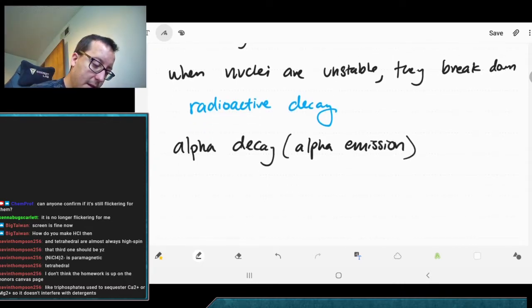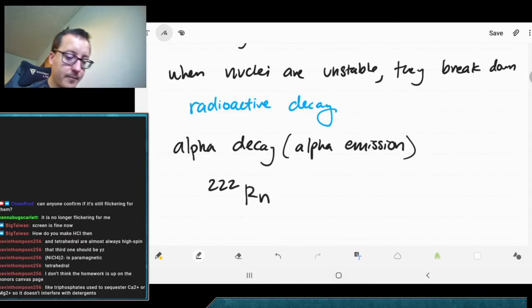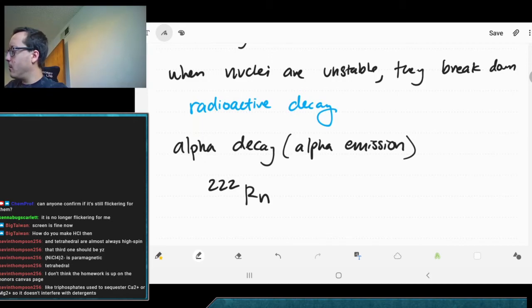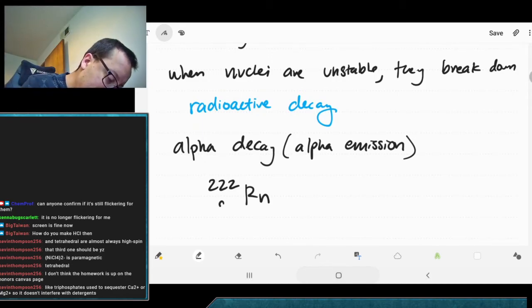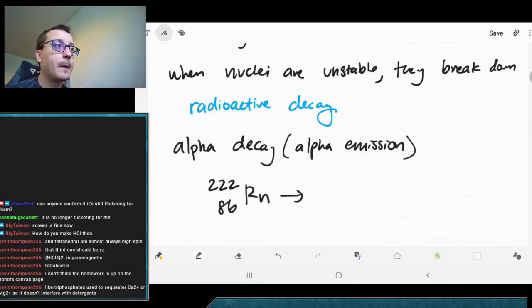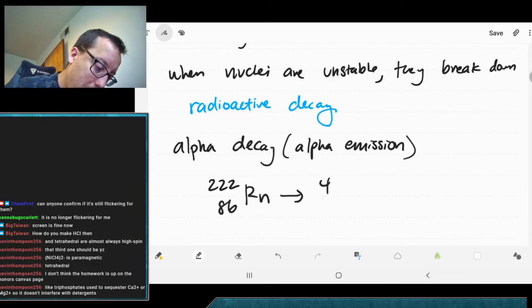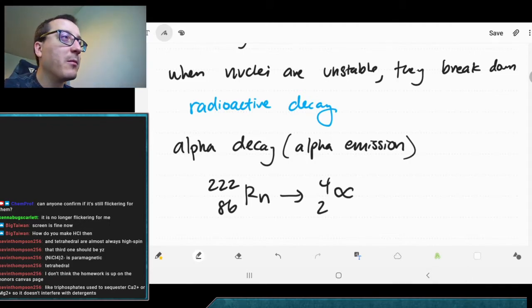Where you'll have something like, I don't know, what's radon's atomic number? 86. Yes, Miss Jersey. An alpha particle can be released.